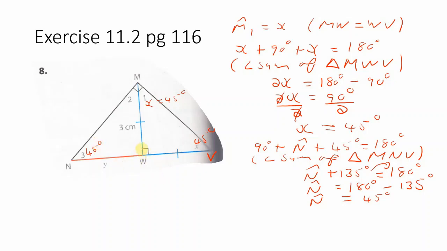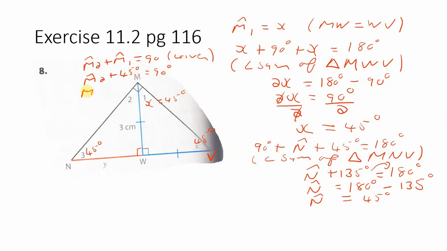But now we know that this angle is 90, we have 45. We even know that x is 45, so we can also say that angle M2 plus angle M1 is together 90 degrees. That was given. So we know M1 is 45, so M2 plus, in the place of M1 we can use 45 degrees, is 90 degrees.